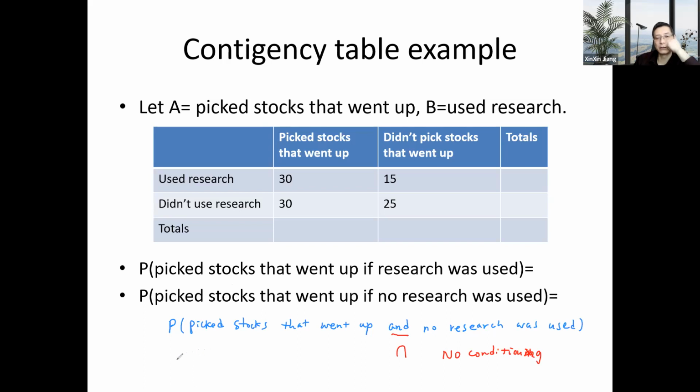It would be simply no research, went up, out of 100, it's 0.3. One difficulty is that people try to figure out the English language in mathematics, whether it represents conditional probability or intersection. That's a tough thing. So I hope with some practice you will get a clear sense.